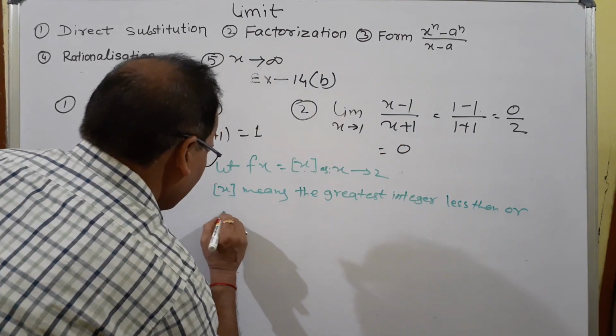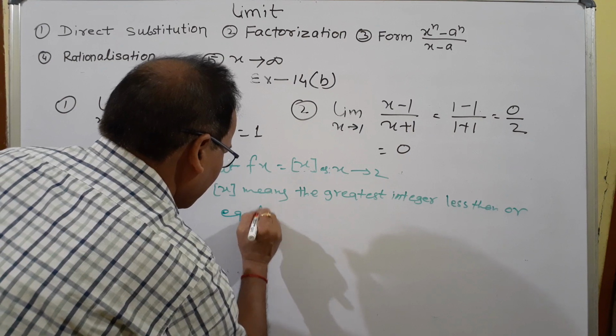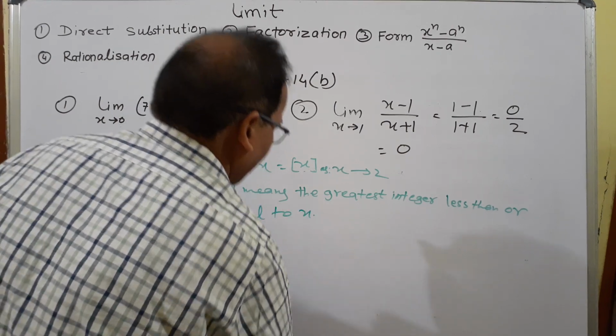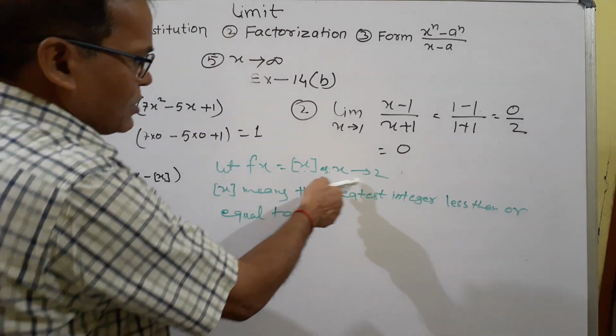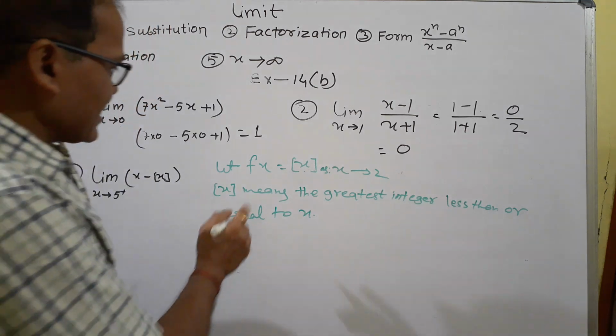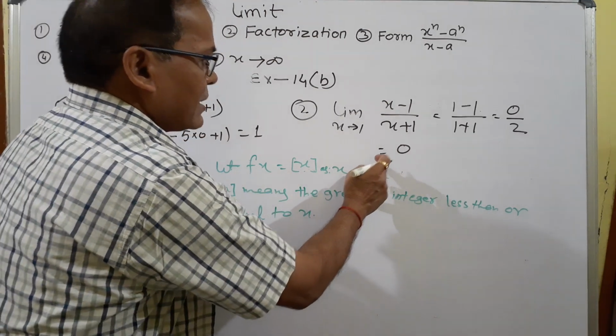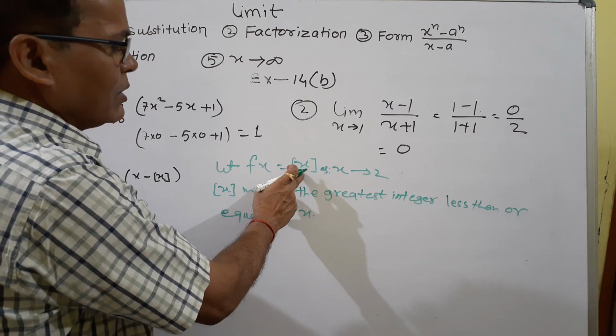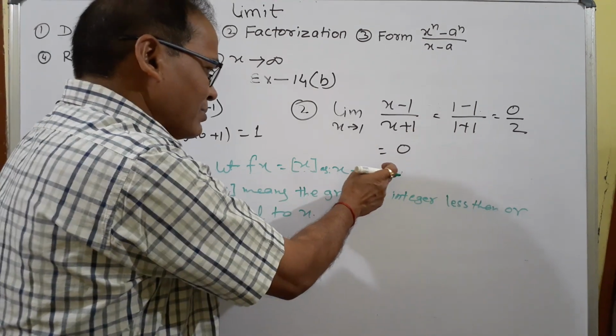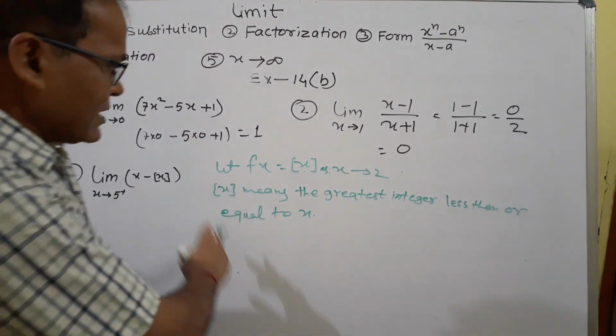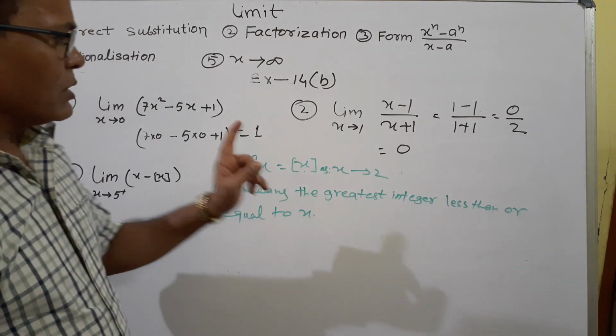So here x tends to 2. If it is given x tends to 2 plus, then we will take the value 2. If it is 2 minus, we will take 1. This is the definition you should note down and remember.